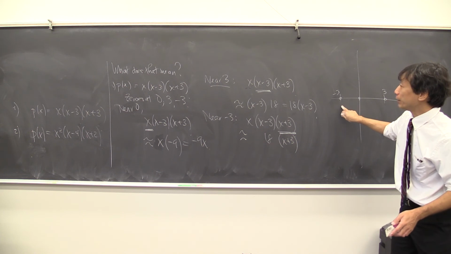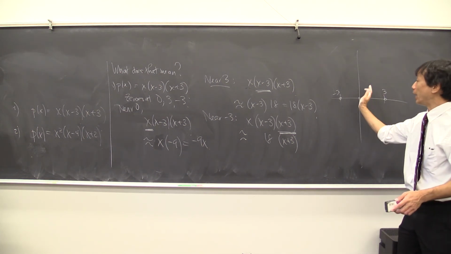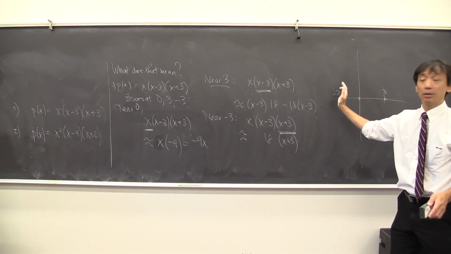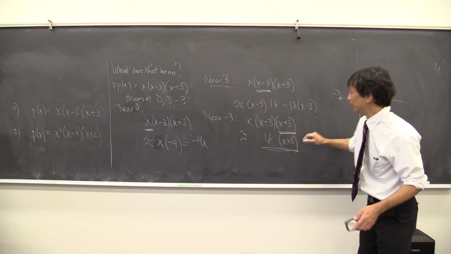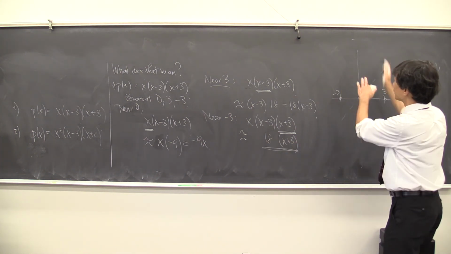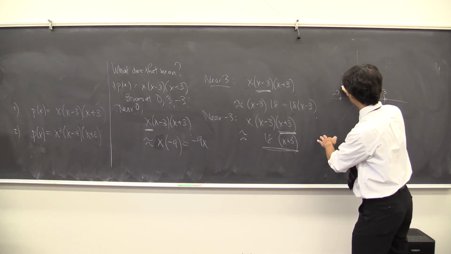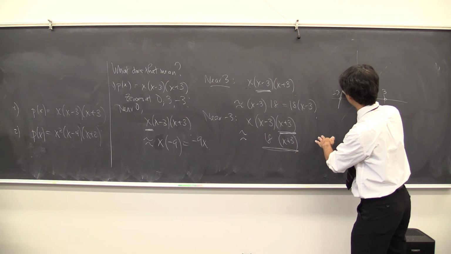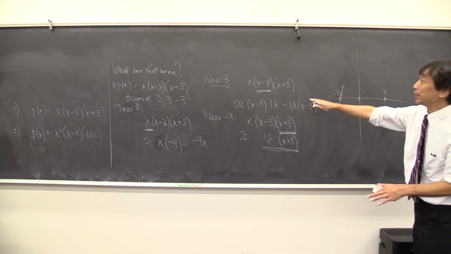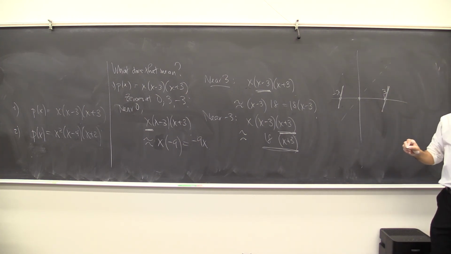Near negative 3, it looks like 18 times the line y equals x slid over 3 units, so a line of slope 18, right? Similarly, near 3, it also looks like a line of slope 18.